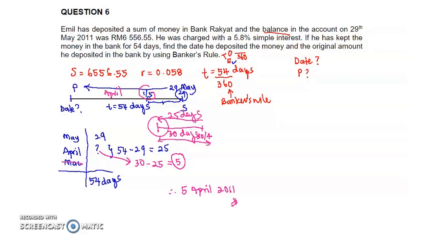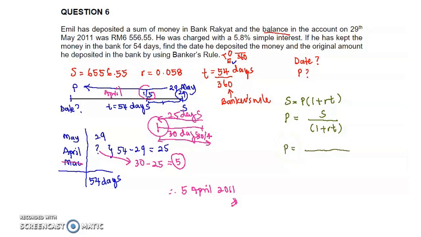Okay, next, how to find value P? So we have value S here, then we can use formula S equal to P(1 plus RT). So when you make P as the subject, P equal to S divided by (1 plus RT).